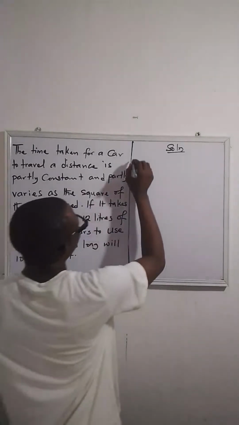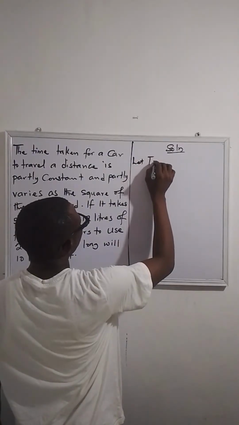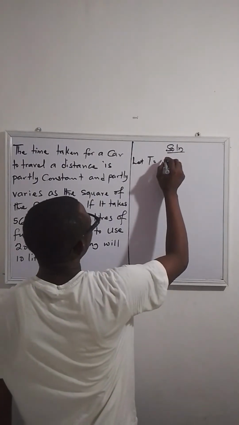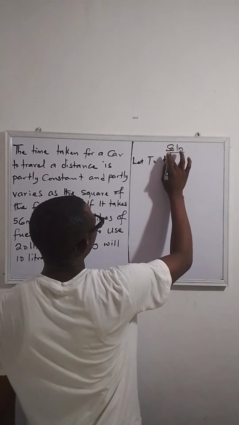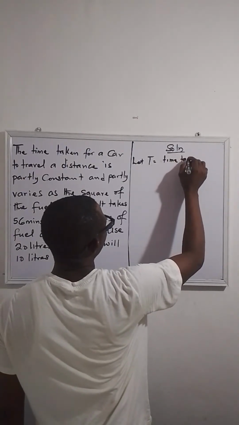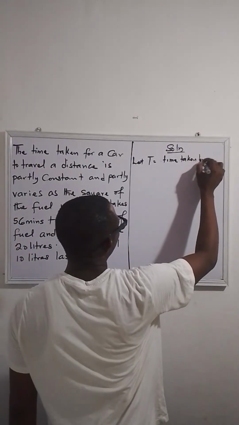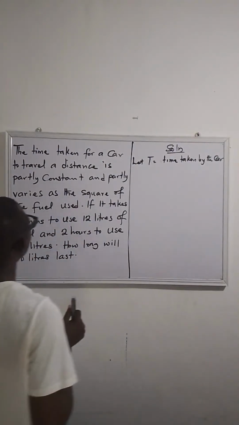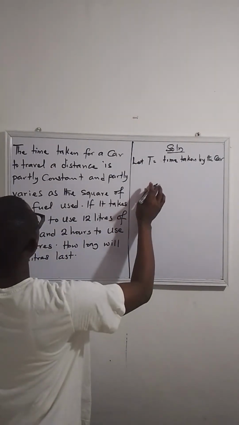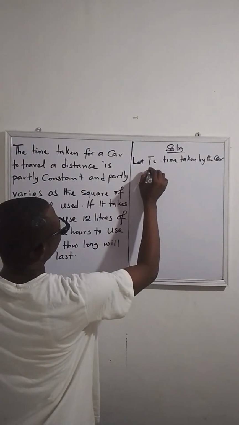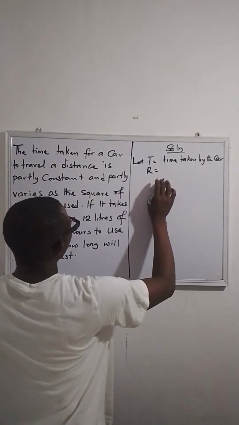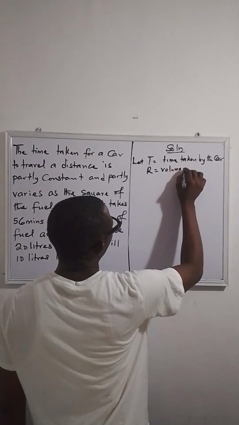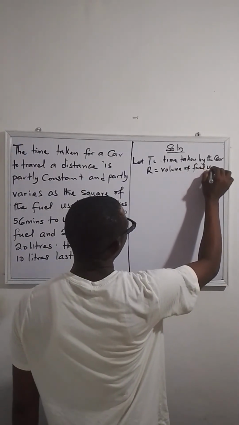So we start by saying let capital T be equal to the time taken by the car, and let R be equal to the fuel used, or the volume of fuel used.